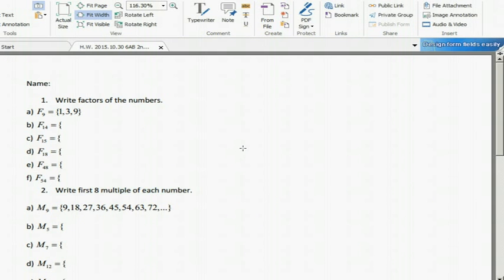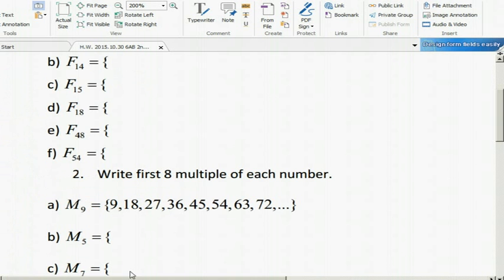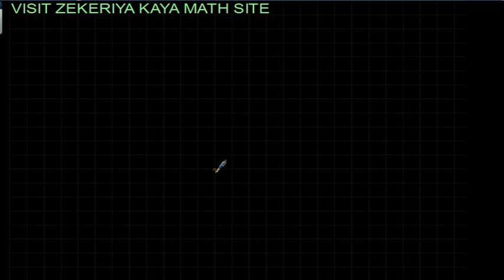This is the first homework which you need to study. In this homework, you need to find factors of a number, also multiples and prime factorizations. Let's do one question from each. Factors of this number.